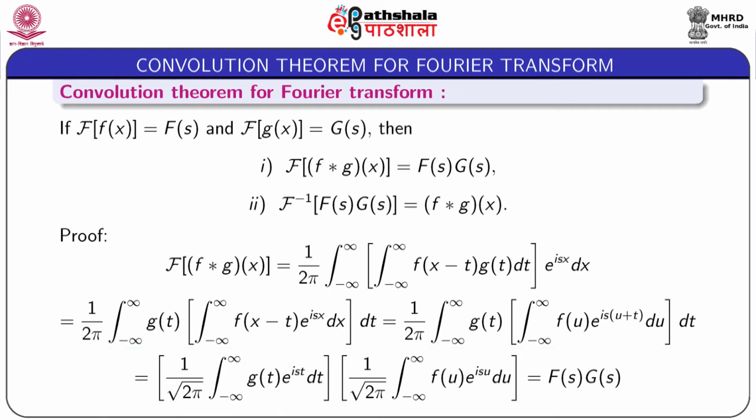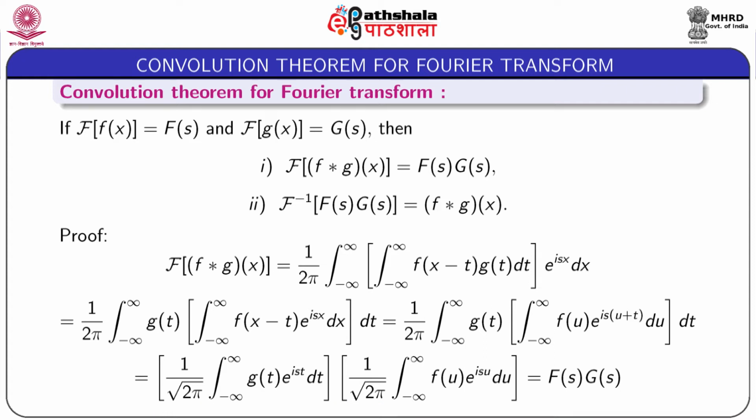So that we get 1 by root 2 pi integral g(t) e to the power i s t dt into 1 by root 2 pi integral f(u) e to the power i s u du.